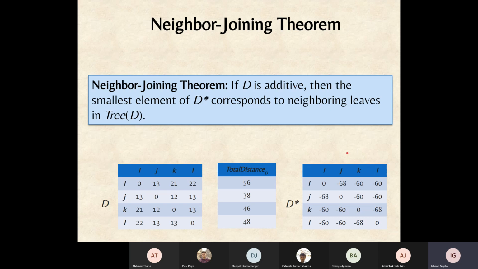So in the case of D star, the closest neighbors would be I and J and L and K. Earlier, the closest neighbor was actually J and K. You see the difference? So in the case of D, the closest neighbor was J and K, but after you have done the transformation, it suggests that the closest neighbors are actually I and J and K and L.